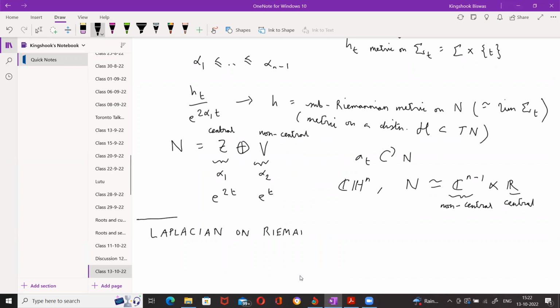The first thing that will be important for us to define is what's called the divergence of a vector field. You would have seen this in R^n, but we can define the divergence of a vector field on any Riemannian manifold.